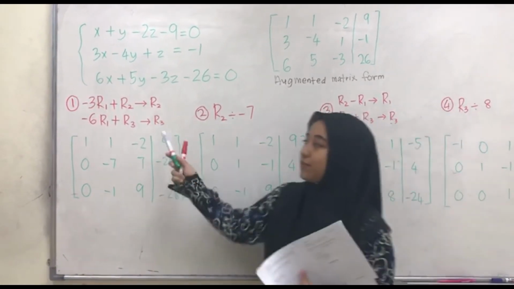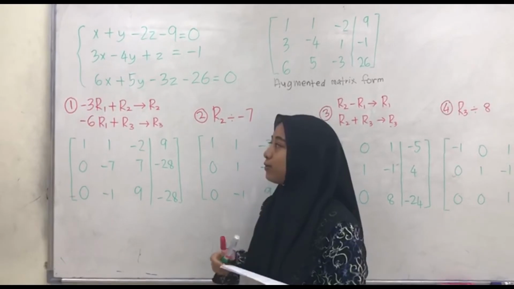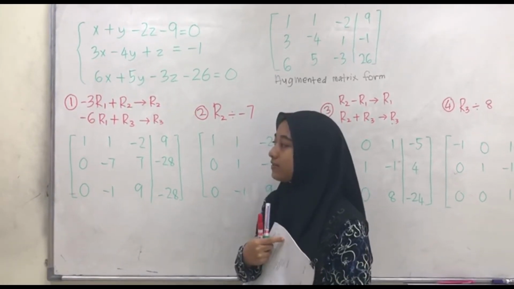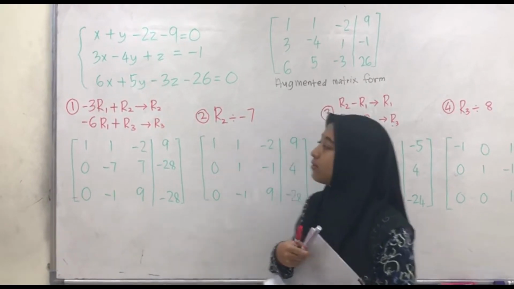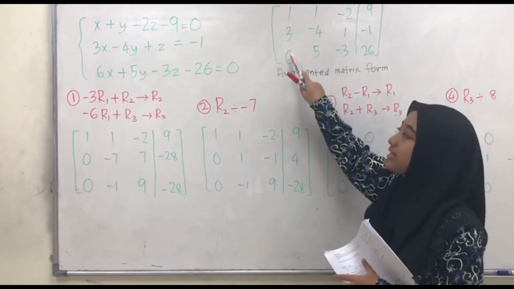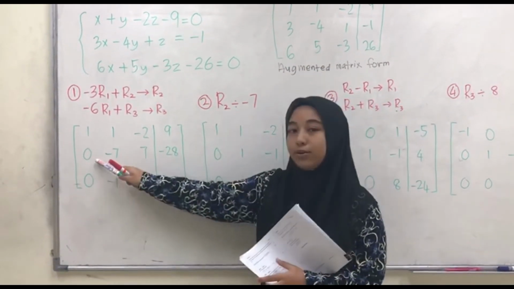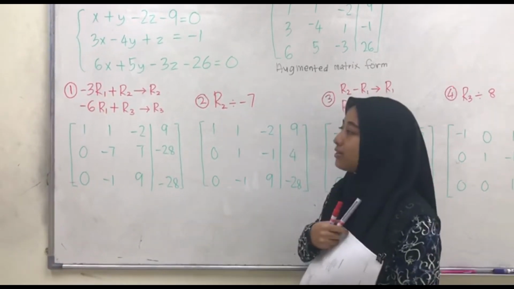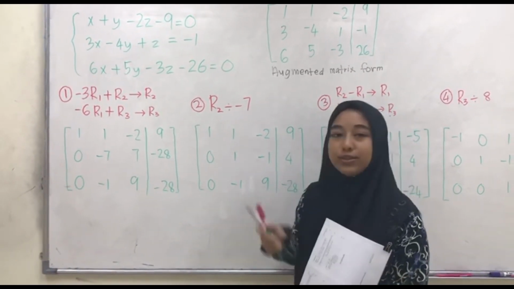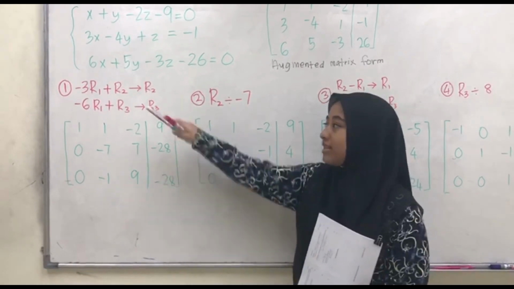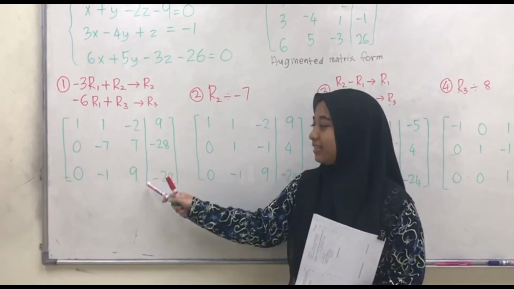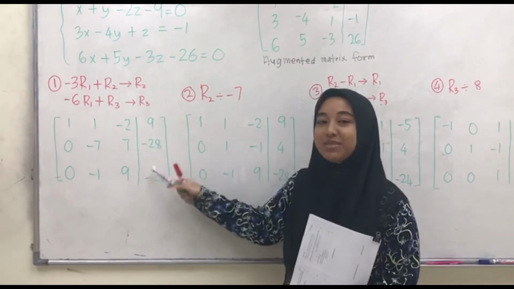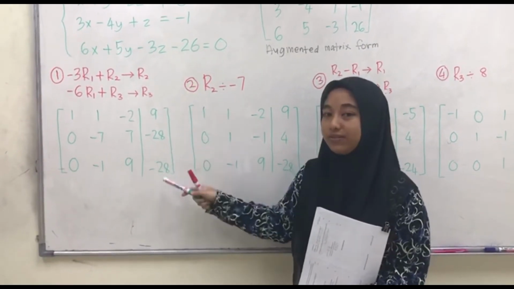Negative 3 multiply row 1 plus row 2, we will get the new row 2, and negative 6 multiply row 1 plus row 3, we will get the new row 3. So we can see here, 3 and 6 will become 0 and 0. Don't forget to apply these two steps to all the numbers in the rows involved.